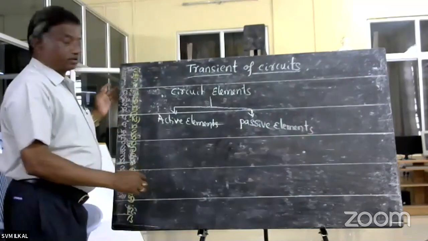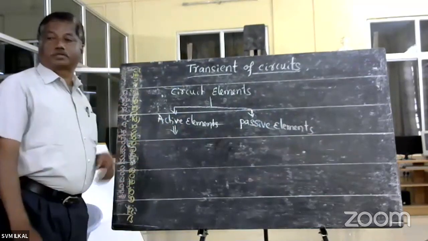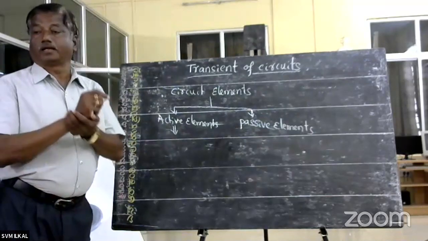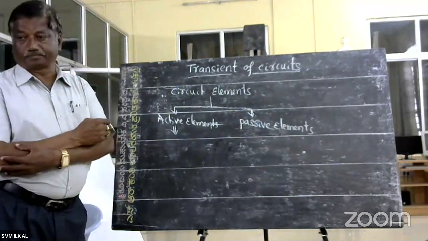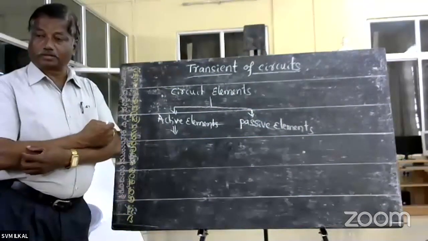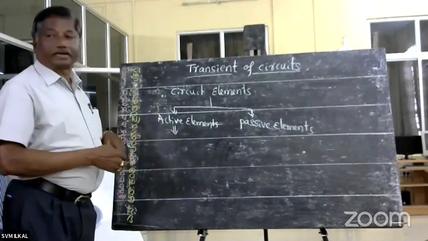What are the active elements? They are the devices in the circuit which give energy to the circuit. For example, source of EMF, diode, transistor, IC, all belong to active elements.